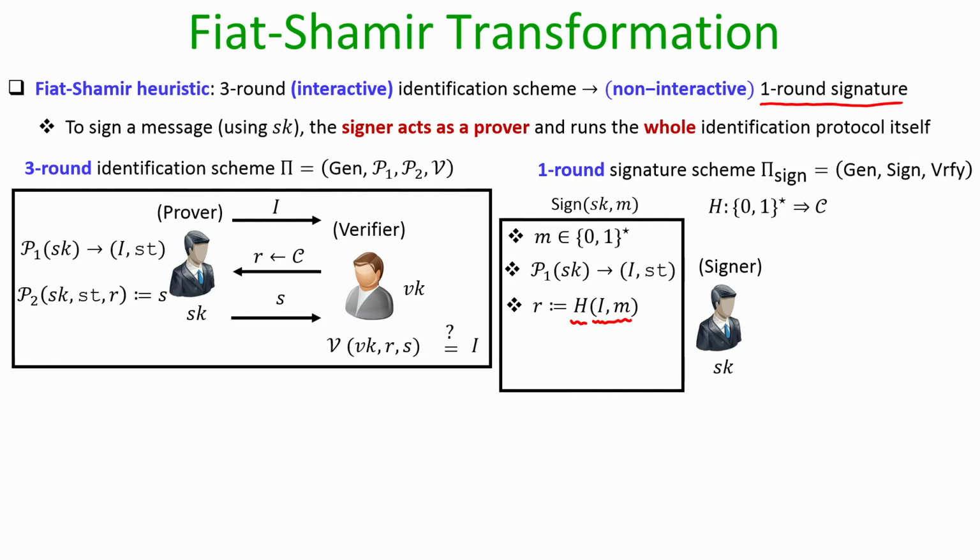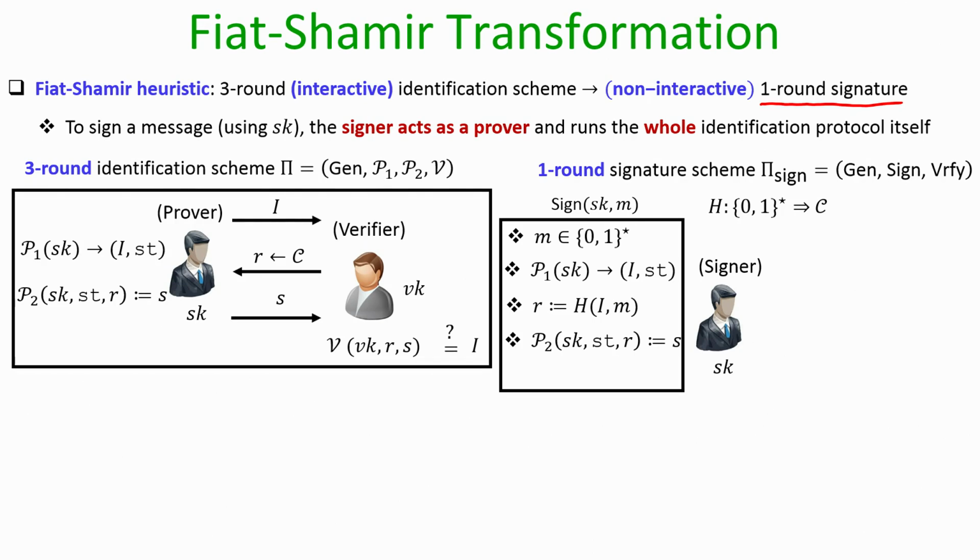The idea here is that the challenge R is going to be associated with the message which the signer wants to sign. And if we model the underlying hash function as a random oracle, it turns out that the value R which the signer obtains by generating R as per this method will indeed be a uniformly random value from the challenge space of the underlying identification scheme.